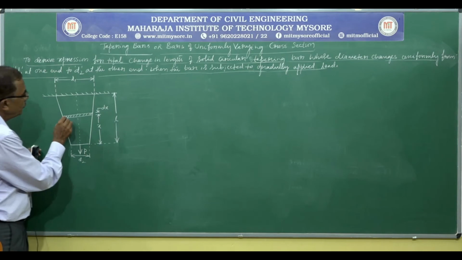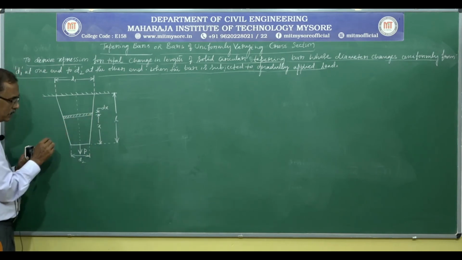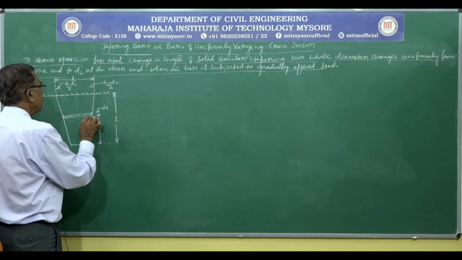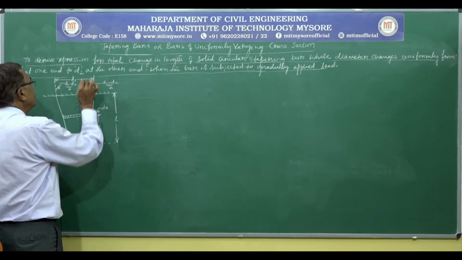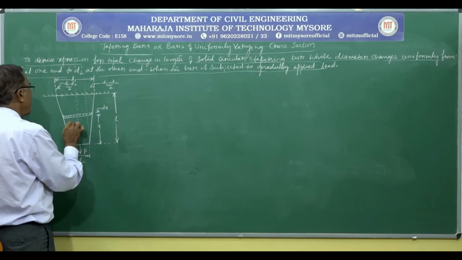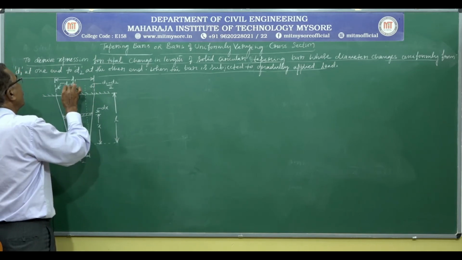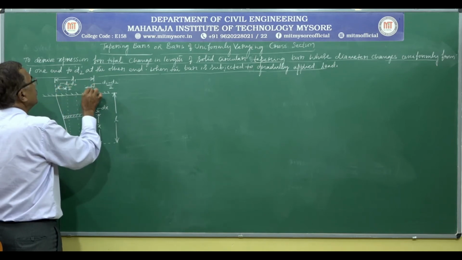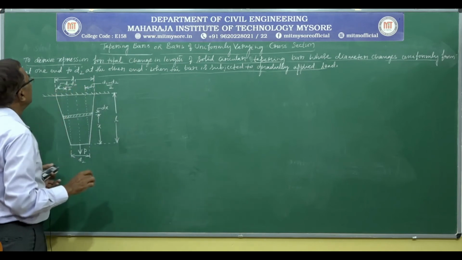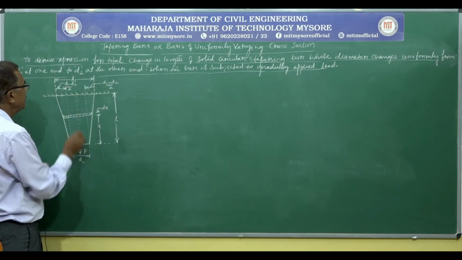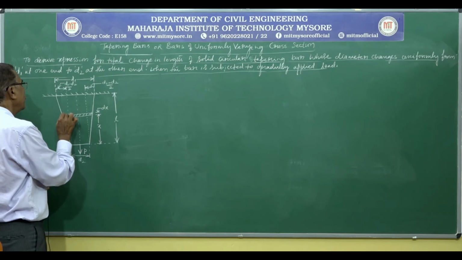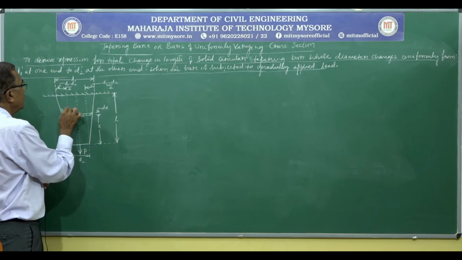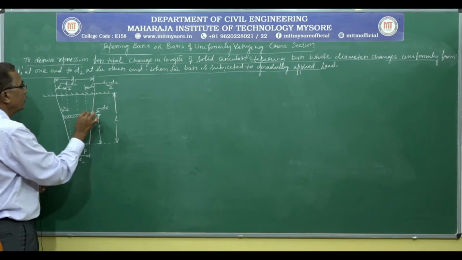Now, in order to obtain the diameter of this elemental strip, produce the bottom of the diameter. So this value is d1 minus d2 by 2, and here this is also d1 minus d2 by 2. Let this distance be k, the diameter at the elemental portion, on both the sides it is k.